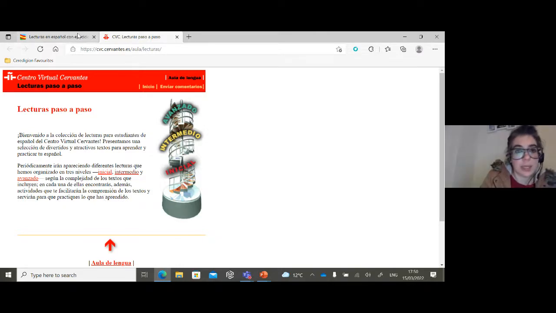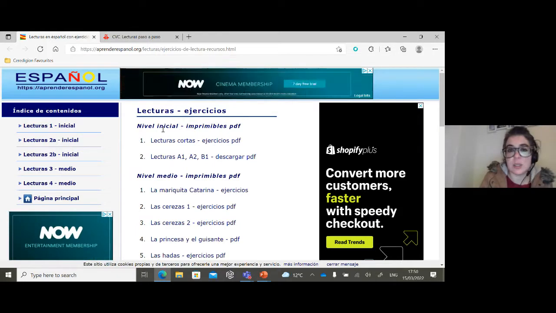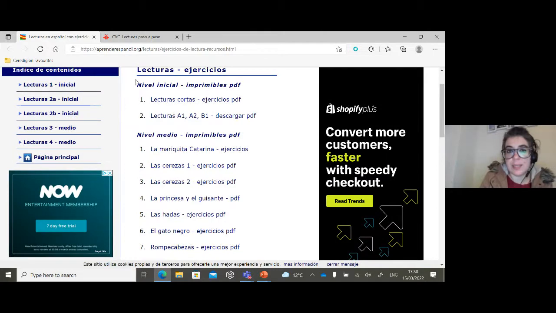So you got in here some reading with exercises. So you want to be doing the nivel intermedio, so the intermediate level. Whereas nivel inicial, it's this lecturas, so beginners level. But if you're struggling, you can also try to do a more easy ones.